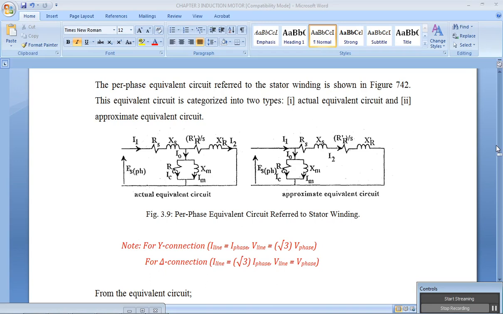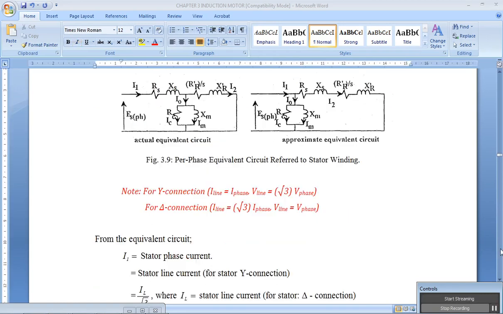Due to the fact that Rc and Xm are much bigger compared to the stator and rotor resistance and reactance, the current I0 is much smaller. So we can assume that the stator resistance and reactance are in series with the rotor resistance and reactance, assuming the current flowing between these two sides is the same.